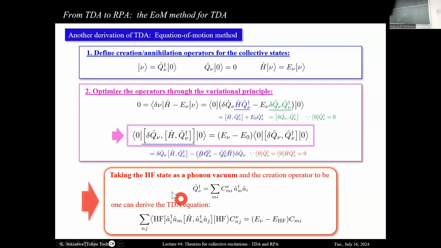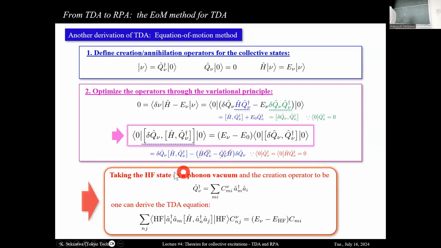So now we can derive the TDA, Tamm-Dancoff equation, by specifying this operator Q dagger to be a superposition of A dagger A. So you can put this A dagger A here and here, and then here.